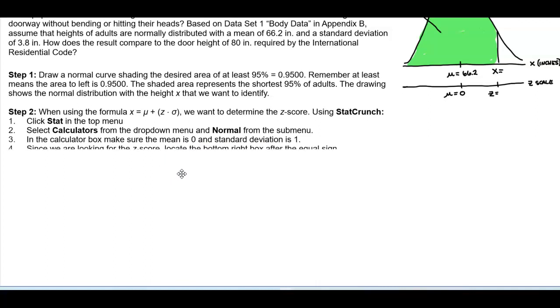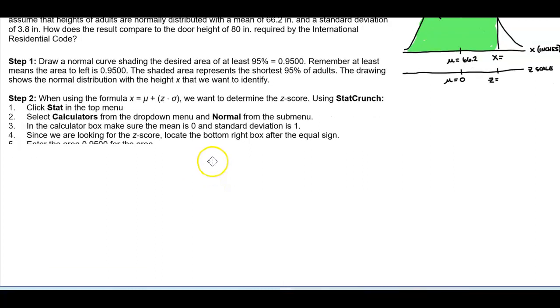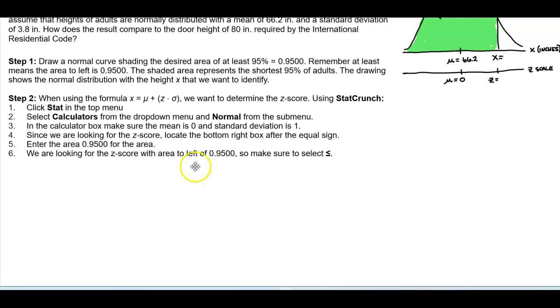We want to make sure in the calculator box that the mean is 0 and the standard deviation is 1. And since we are looking for the z-score, we're going to locate the bottom right box after the equal sign. And then we're going to enter the area of 0.9500 for the area. And then we are looking for the z-score with the area to the left of that. So we're going to make sure that we select the less than or equal to and then select Compute.